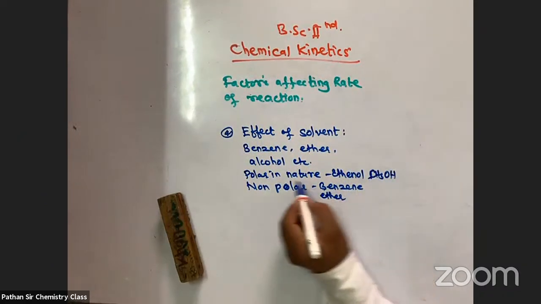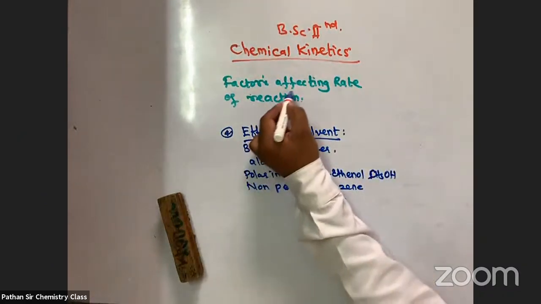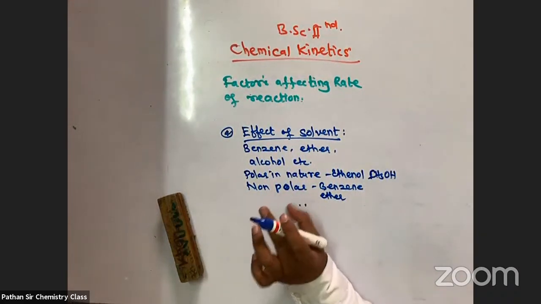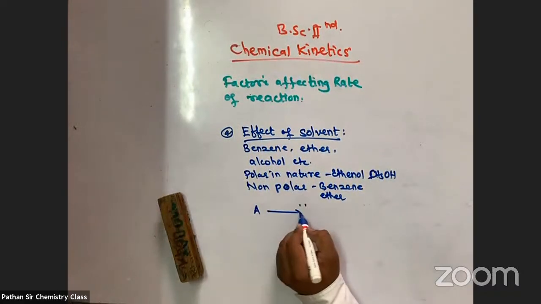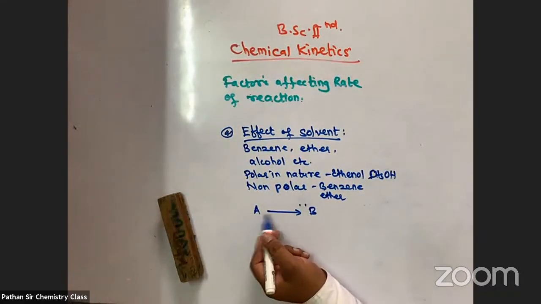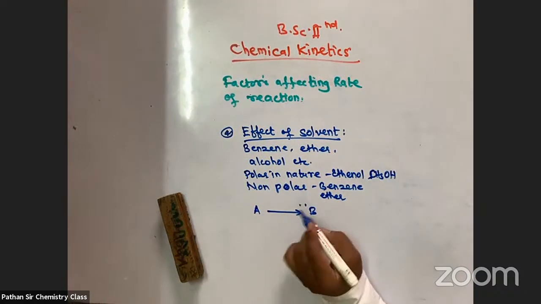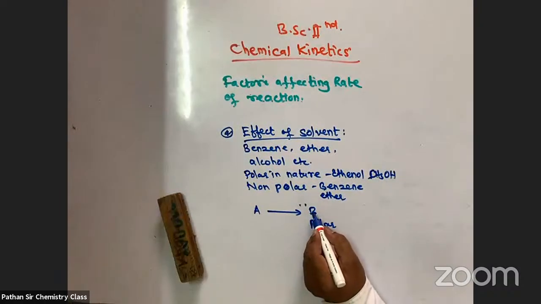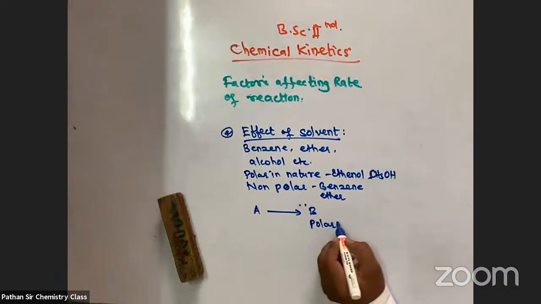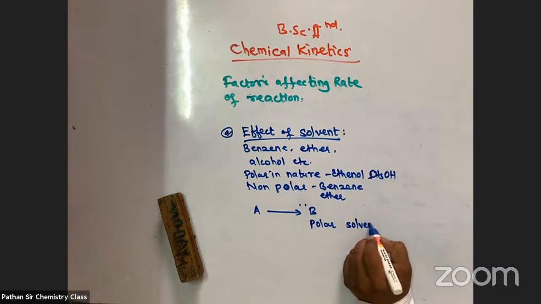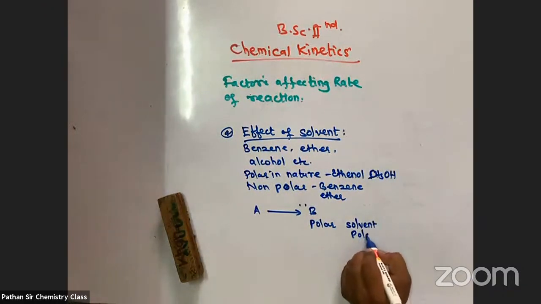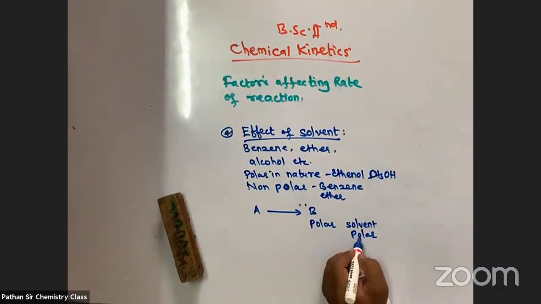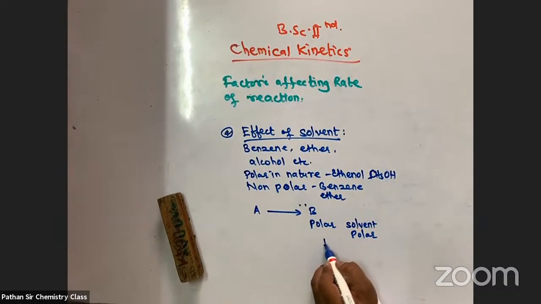Now effect of solvent on rate of reaction. This is in brief, very short term. Say a product B is formed from reactant A. If the product B is polar and the solvent is polar, both are polar, rate of reaction increases.